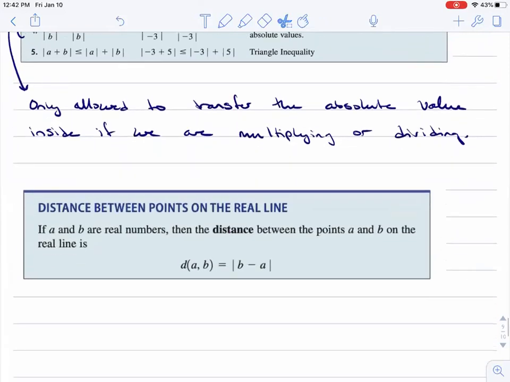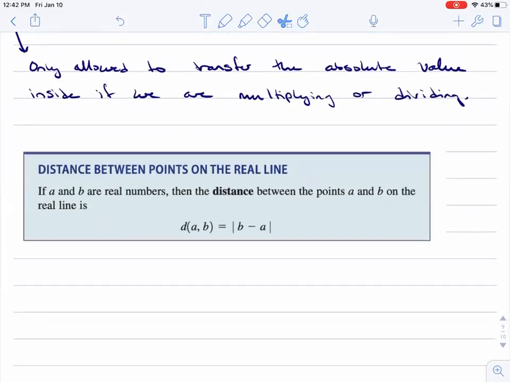We use the absolute value to find the distance between points on a real line. So if we've got 2 points, the absolute value of the difference between those 2 points is the distance.